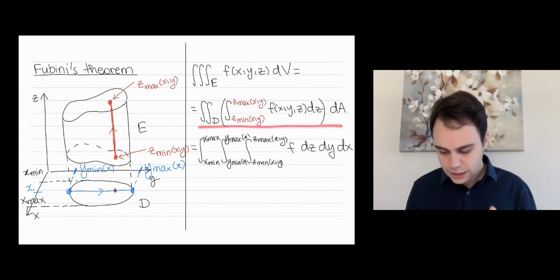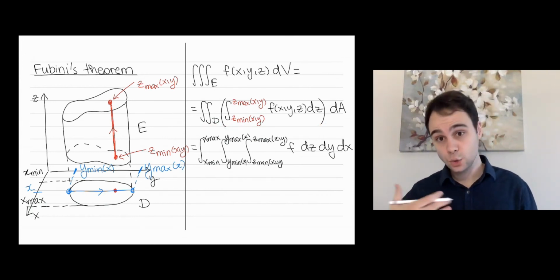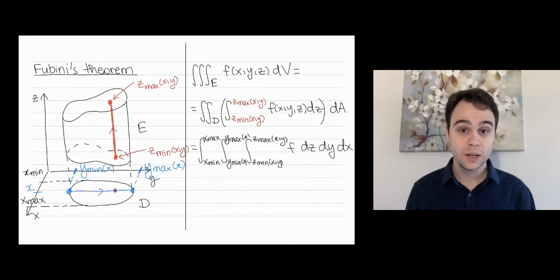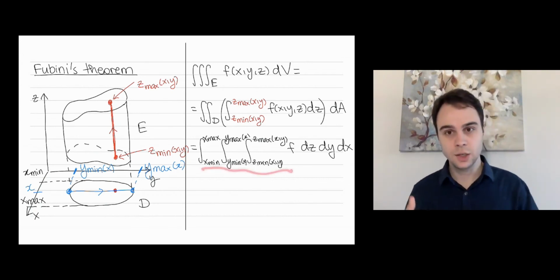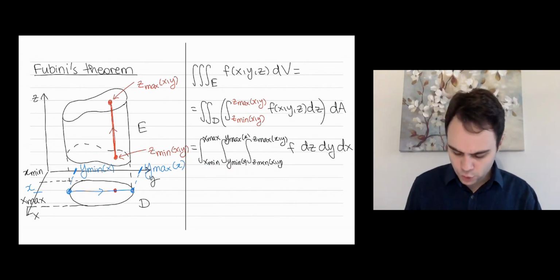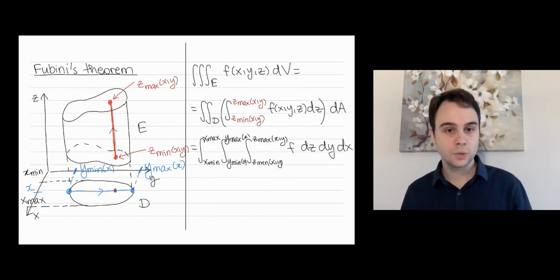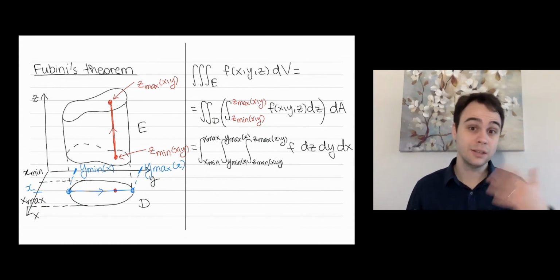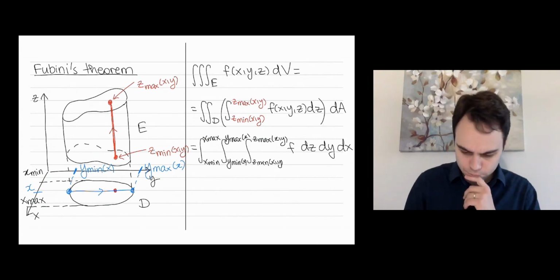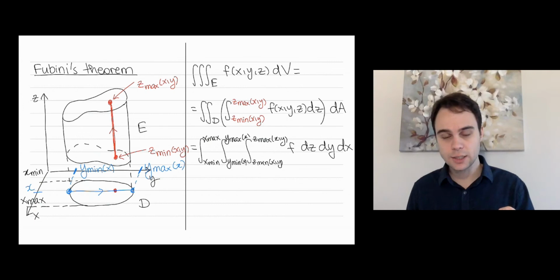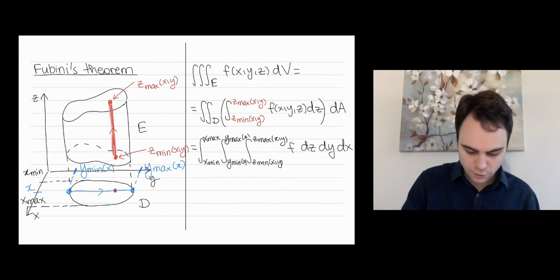So this is the form where the integral is ready to be evaluated. This form over here is usually one good geometric way to find the bounds that you end up evaluating. First you ask yourself, what's the projection of my region onto the xy plane? That's going to be a 2D shape, and it's usually easier to describe than a 3D shape. Then, once you know the projection, you ask for each point in the projected region, what is this vertical line segment?